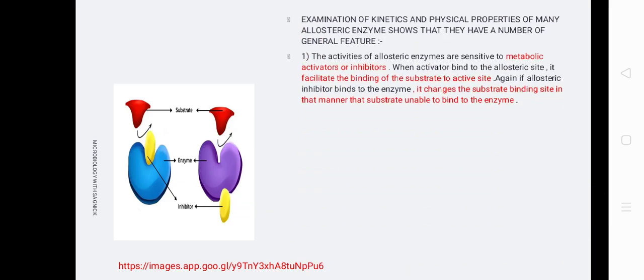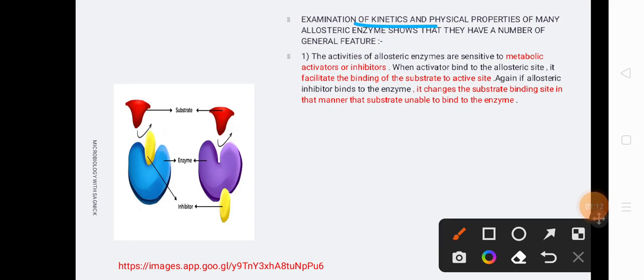So various types of examination of the kinetics of those enzymes and of the physical properties of allosteric enzymes, we have found that the activities of allosteric enzymes, as I have just told you, are totally dependent on the metabolic activators or inhibitors.